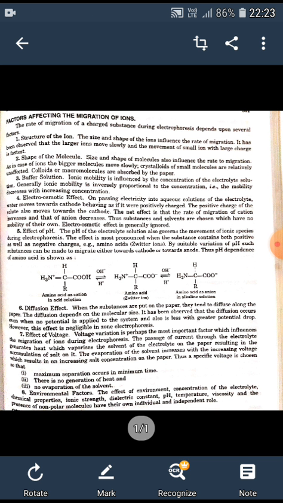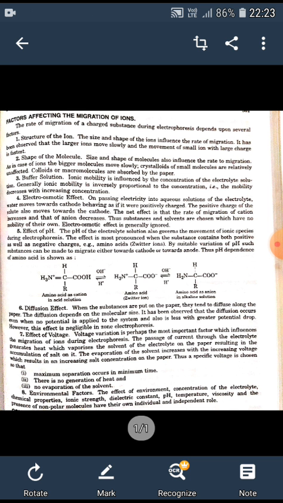The evaporation of the solvent increases with the increasing voltage, which results in an increasing salt concentration on the paper. Thus, a specific voltage has to be chosen so that maximum separation occurs in minimum time, there is no generation of heat, and no evaporation of solvent occurs.